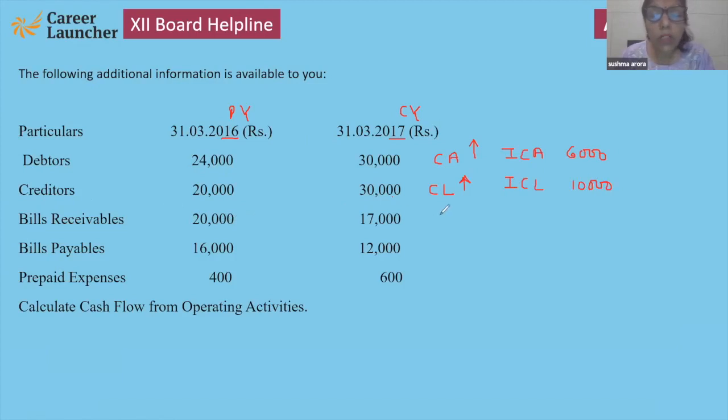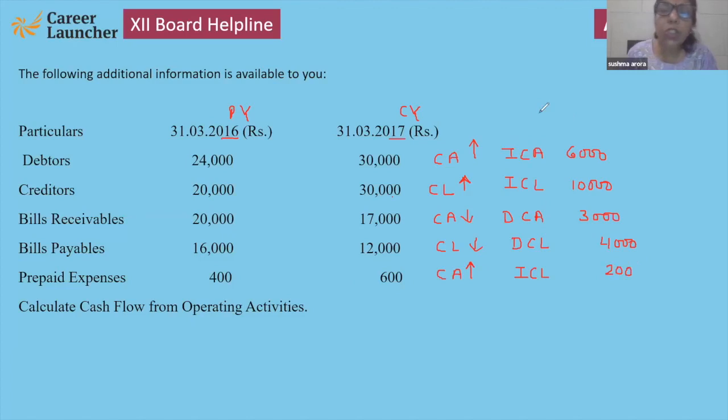Bills receivable also CA, but that is decreasing, DCA by 3,000. Bills payable 16 to 12, it means CL is also decreasing, we can say DCL by 4,000. Prepaid expenses are CA, 400 to 600, it means it is increasing, that is ICA by 200.